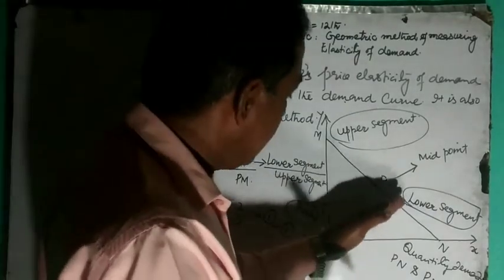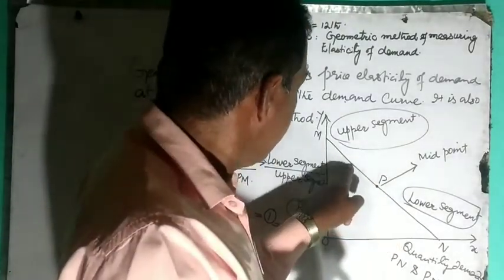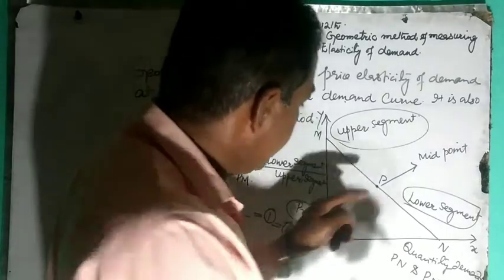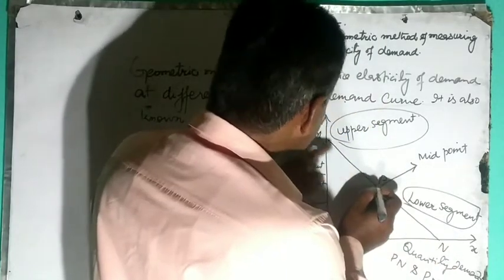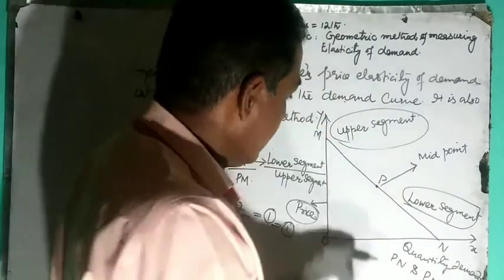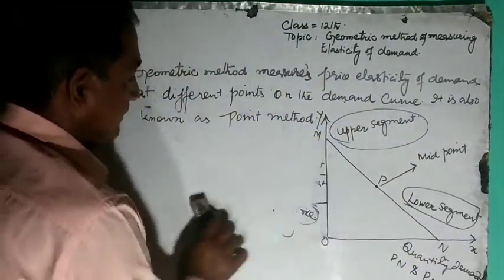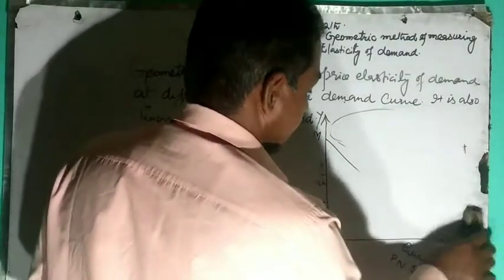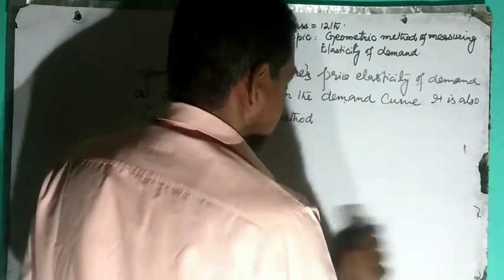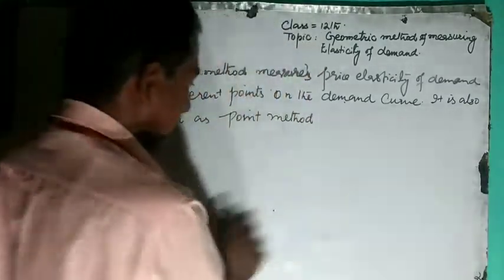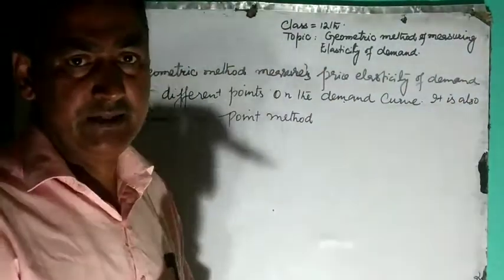Now we will go to the middle of the Pn part and middle of the Pm part. We divide this portion in two equal parts and we divide this portion into equal parts. So let me draw another demand curve where we divide the lower segment and upper segment in two equal parts.